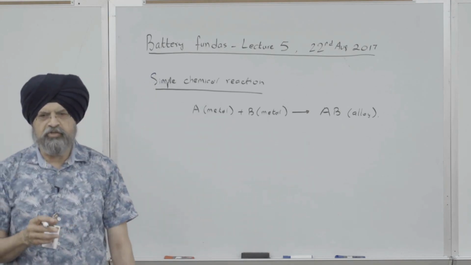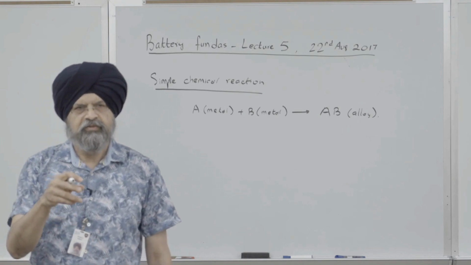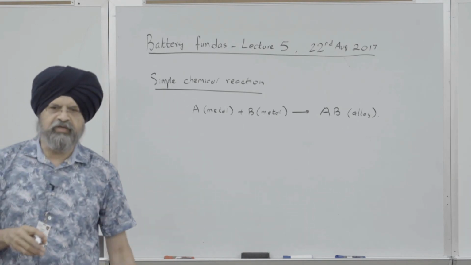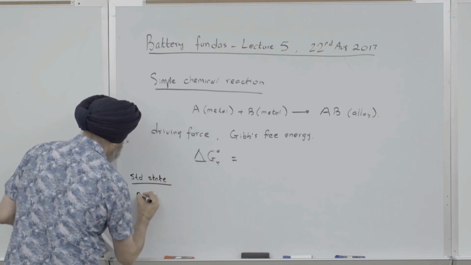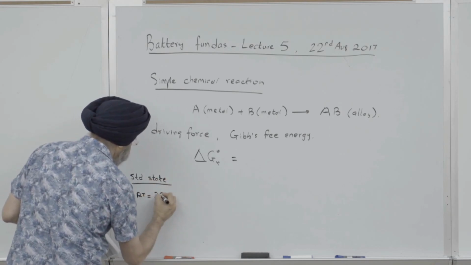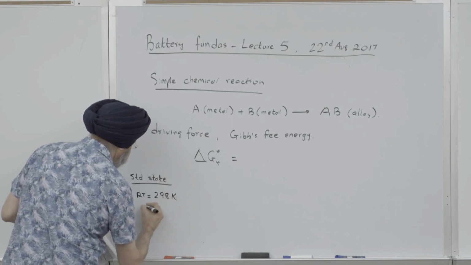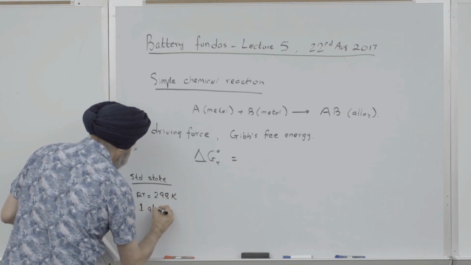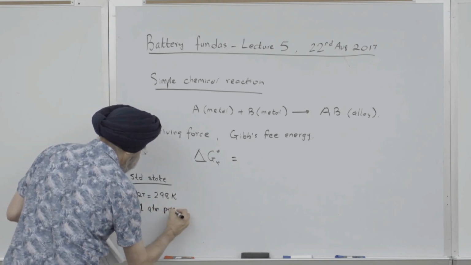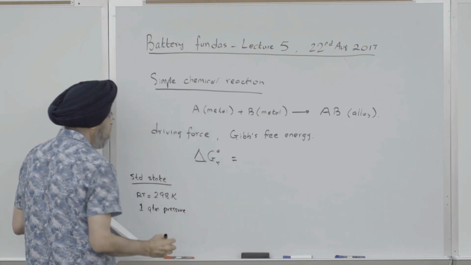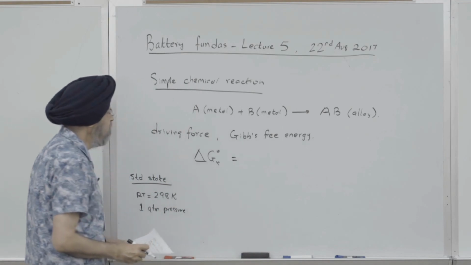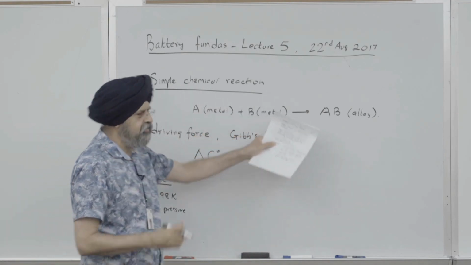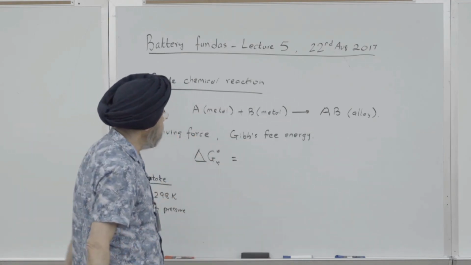Okay, so we mean room temperature, which is 298 Kelvin and 1 atmosphere pressure. And composition doesn't matter because these are just metals and alloys.